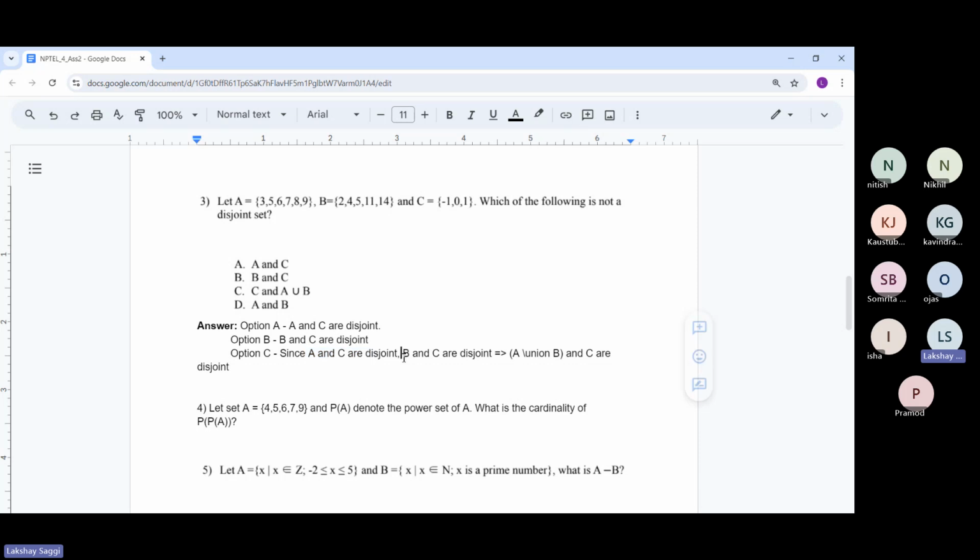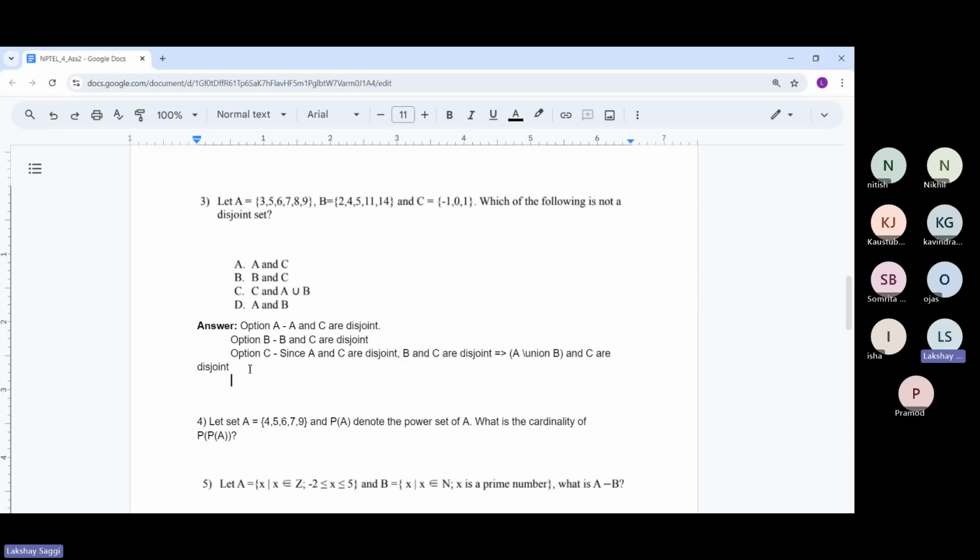If it is an element of set B, then B and C are also disjoint, so again it is not present in the set C. That's why if A and C are disjoint and B and C are disjoint, then A union B and C are also disjoint. I hope this makes sense to everyone. I did not explicitly compute the value of A union B. I directly said from these two that these will also be disjoint. So sometimes we can reduce our work by being a bit smart about it.